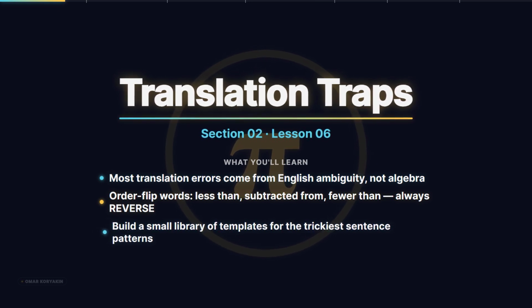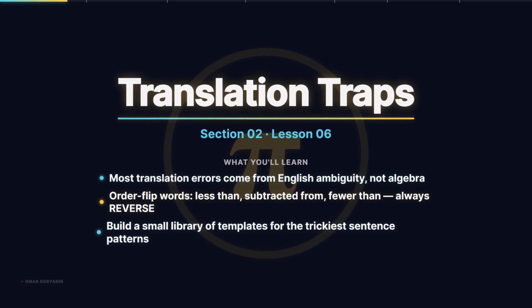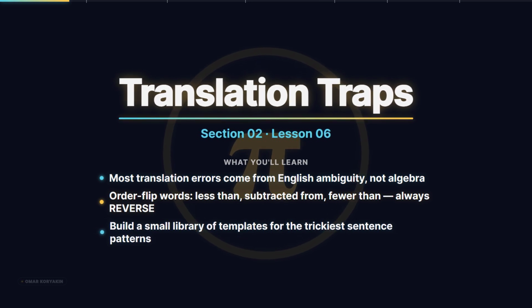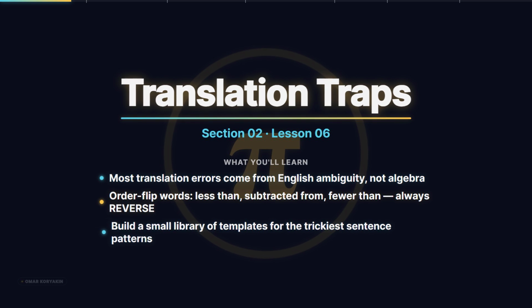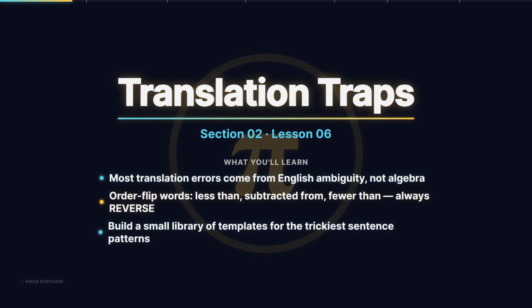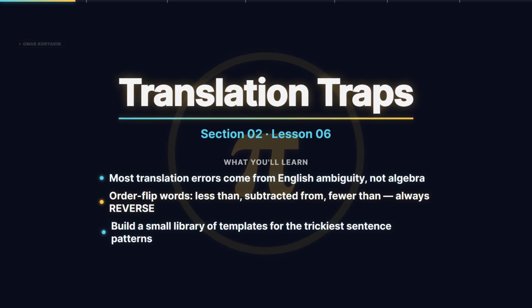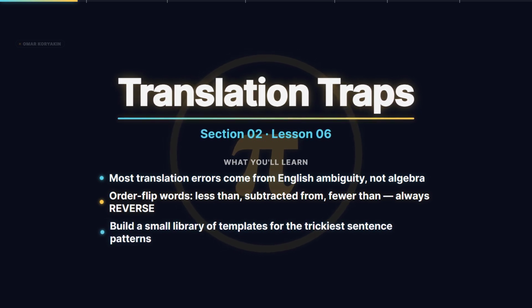Third idea. The next 3 trap families are the ambiguous use of the word of, the percent phrasing that hides a multiplication, and the multiplier direction in twice as many as patterns. The word of often signals multiplication. Half of x means 1/2 times x, 20% of y means 0.2 times y. The percent traps add the wrinkle that the percent symbol must be converted to a decimal before any arithmetic happens.